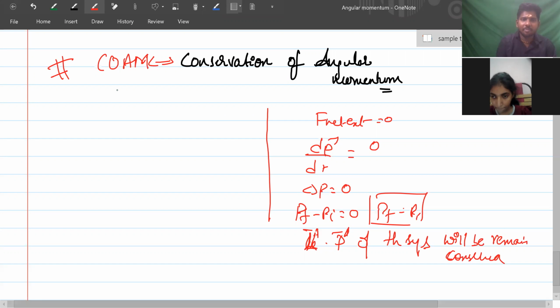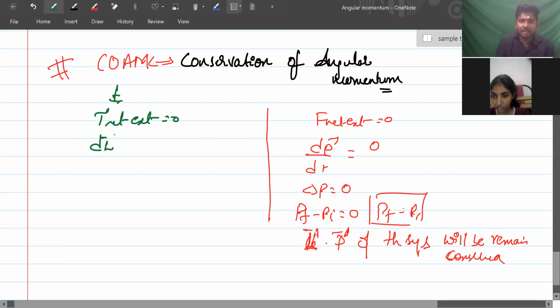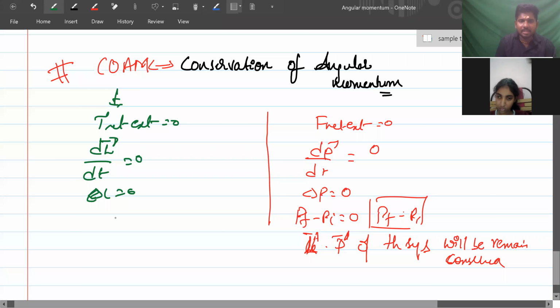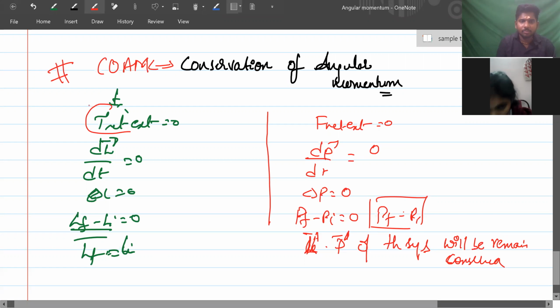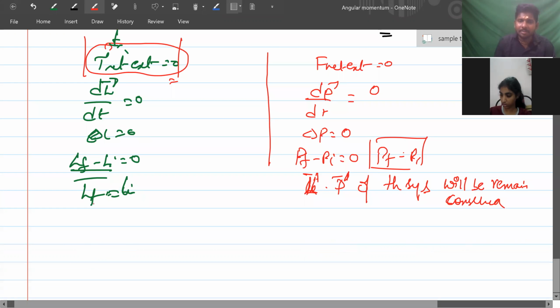Similarly, the same pattern follows here. If the net external torque is equal to 0, dL by dt is equal to 0. That means delta L is equal to 0, which implies L final minus L initial is equal to 0. Similarly, if the net external torque over a period of time in the given direction is zero, then the angular momentum in that direction will not change.